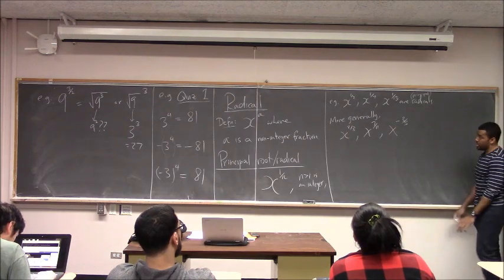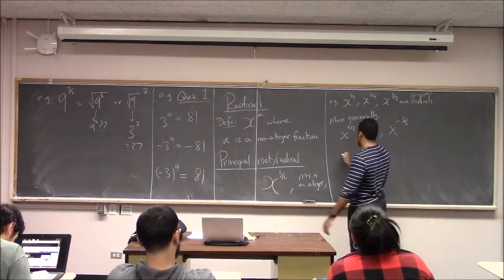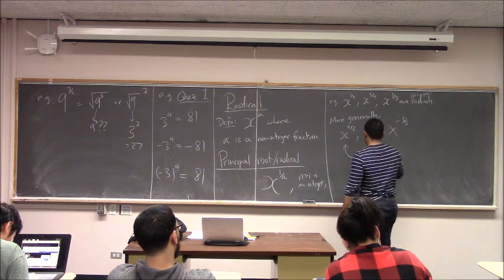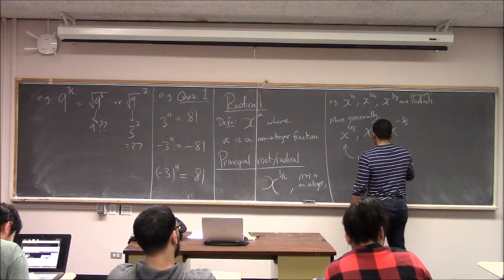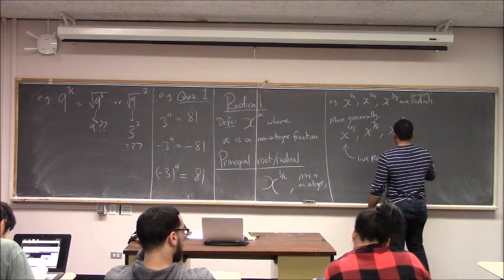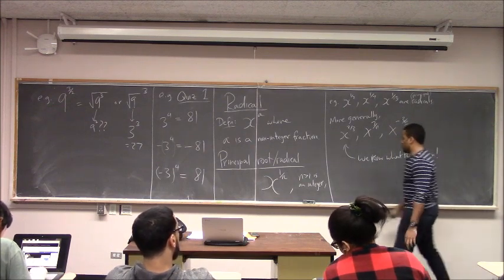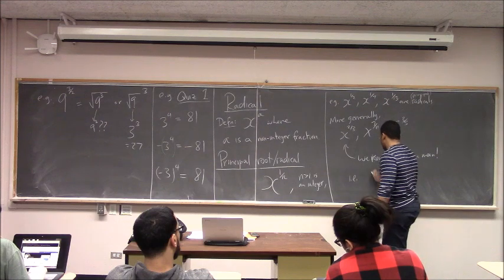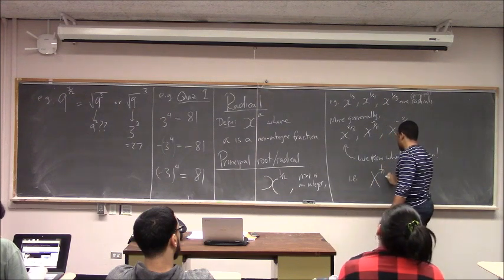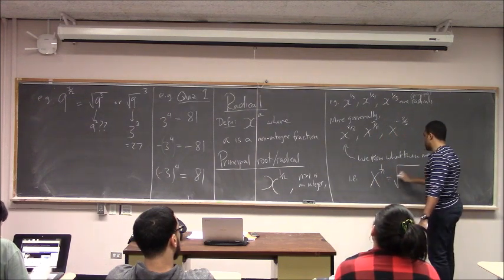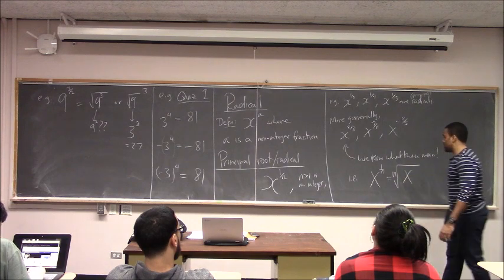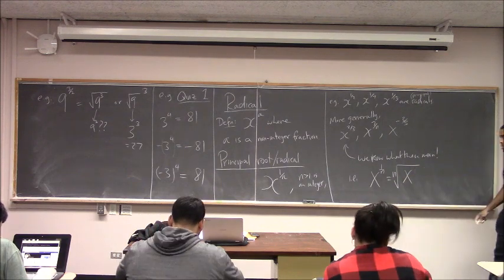And now we know what these mean. I'm really referring to the fact that x to the 1 over n can be used with this notation, where there's a power of 1 here that's not being written.